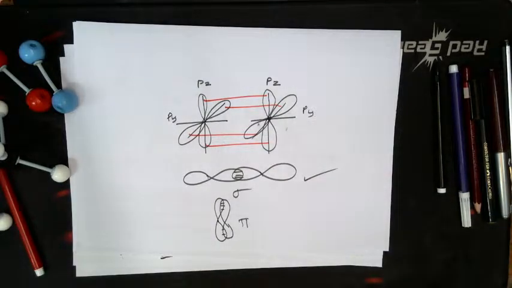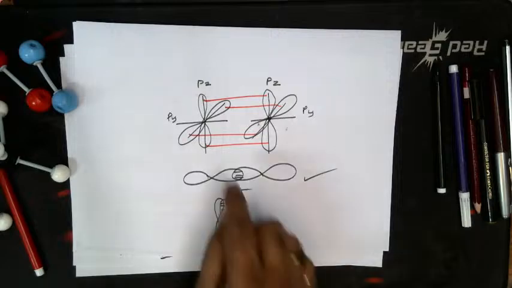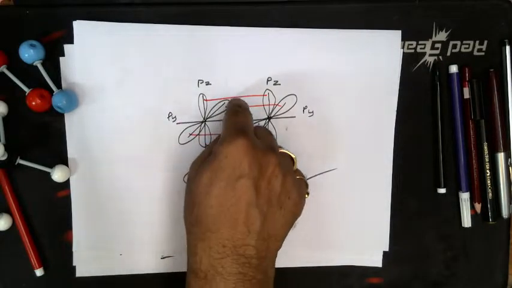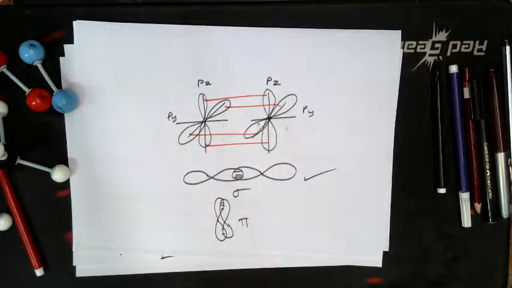So in a triple bond, we have two pi bonds and one sigma bond. Got this point? So this is the structure. One lobe is above the plane of the paper, another lobe is below the plane of the paper. So likewise, there are two pi bonds. I hope it is very clear about the structure now. Then the preparation part of it will continue in the next class.